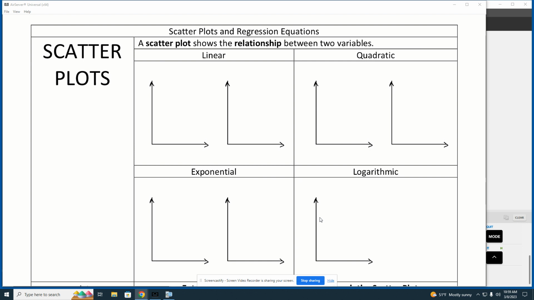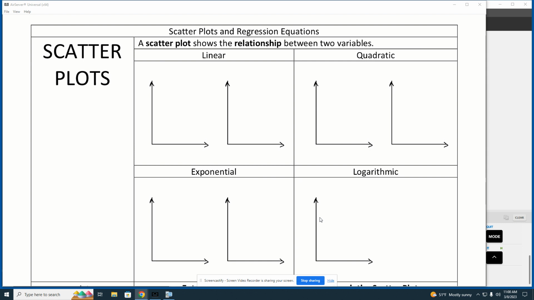We're going to basically use our calculator to enter data, and then we're going to use our calculator to see that data and figure out what kind of equation this is going to match up with. Then we're going to use our calculator to run that equation.